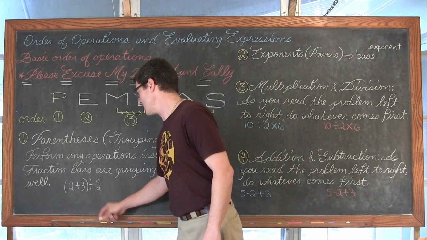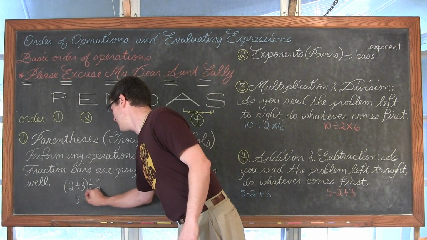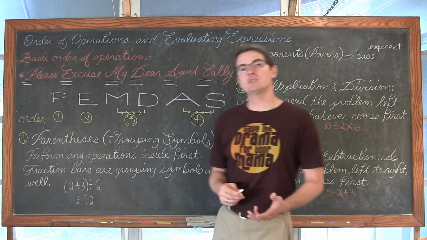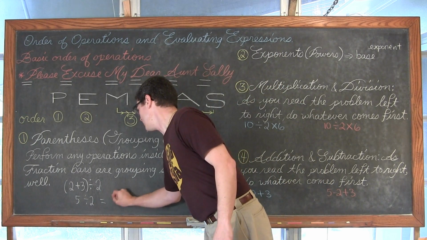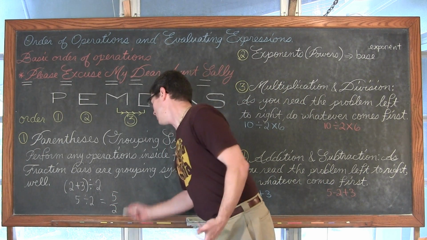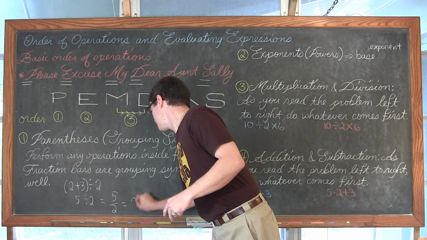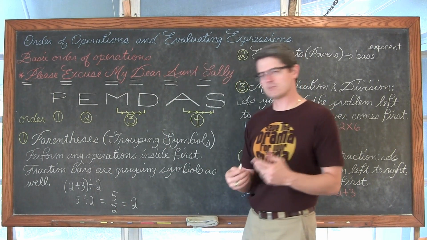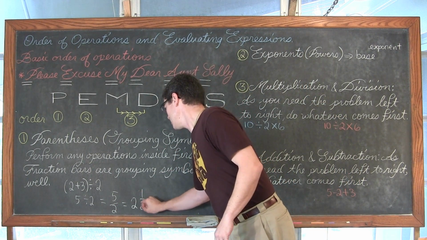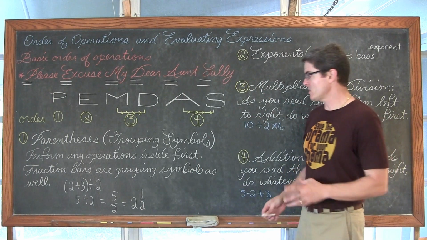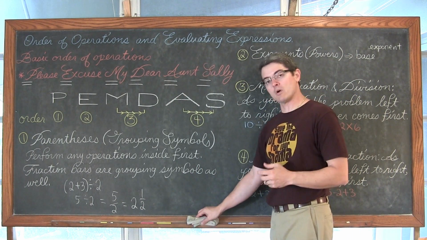So 2 plus 3 is going to be equal to 5, and then 5 divided by 2 is going to be equal to 5 over 2, or let's see here, 2 times 2 is 4, so that leaves us with the remainder of 1, and the answer could be written as 2.5. So inside those parentheses, you want to work that first.